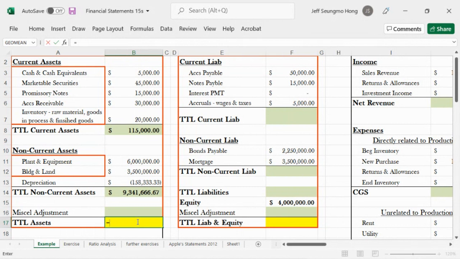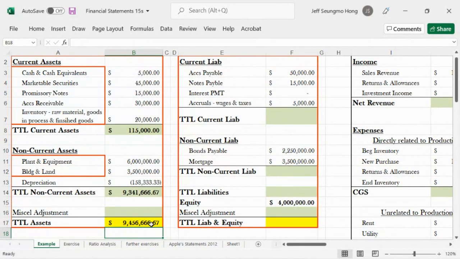This is incomplete as it is, but when it is complete, you will see this is almost 10 million, right? Anyway, assume it is 10 million. Total assets of 10 million.